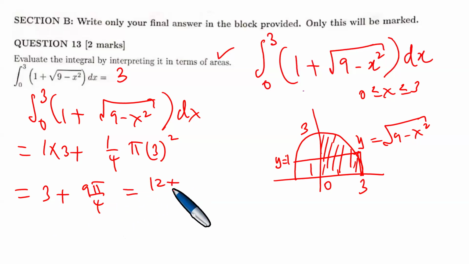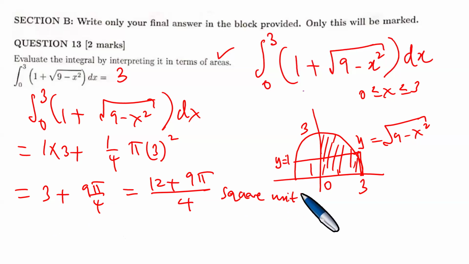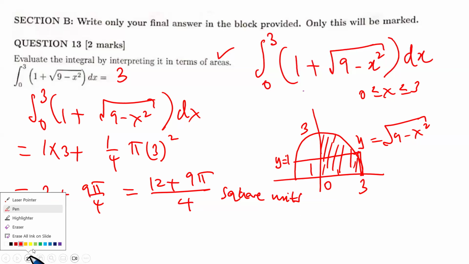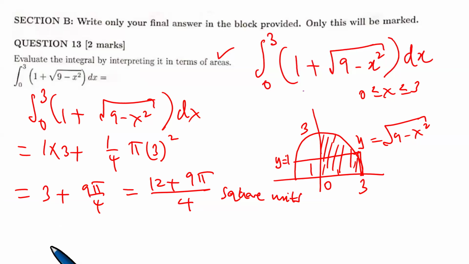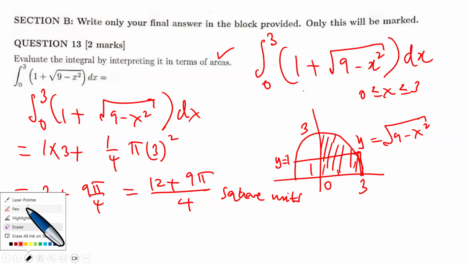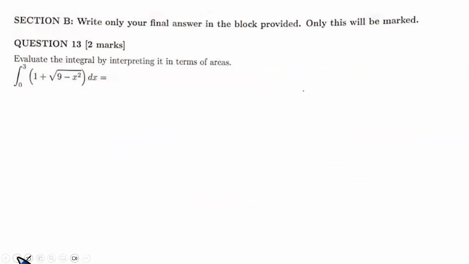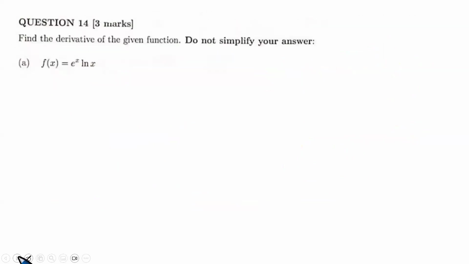So the total is 3 plus 9 pi out of 4, and that is the result in square units. So you have the rectangle area of 3, and then you add the other area, which is the area of the required quarter circle.